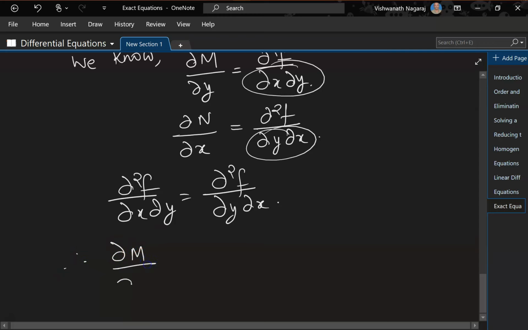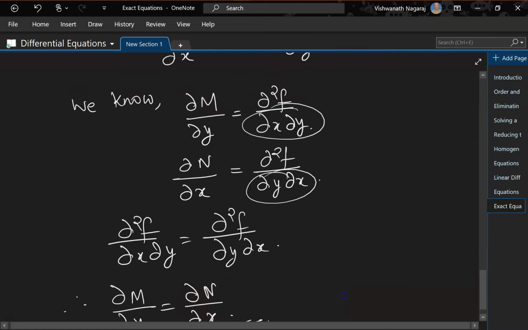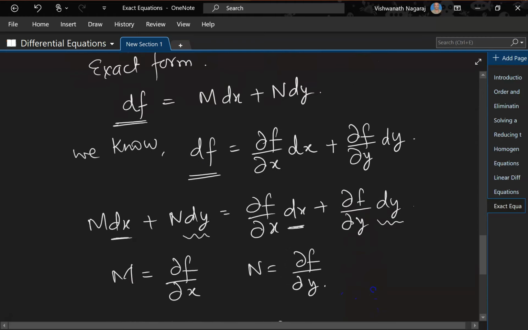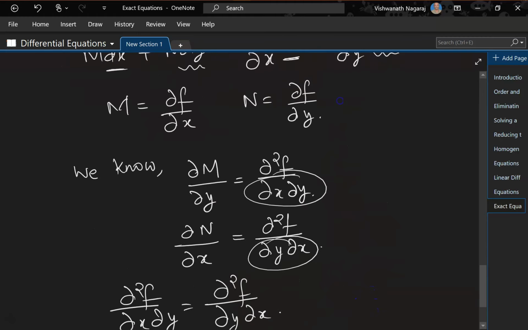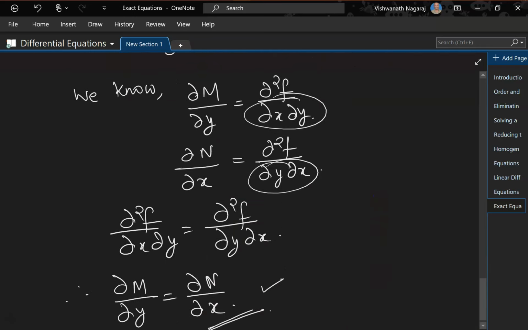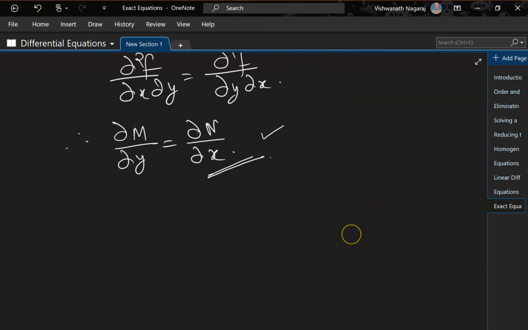So ∂M/∂y is equal to ∂N/∂x, right? So that means if it is an exact equation, then this has to be equal. Okay, now let's look at it from the sufficiency point of view, from the other side.